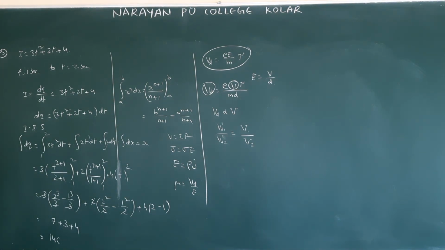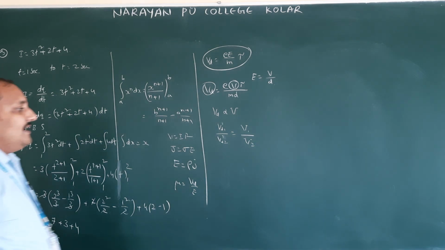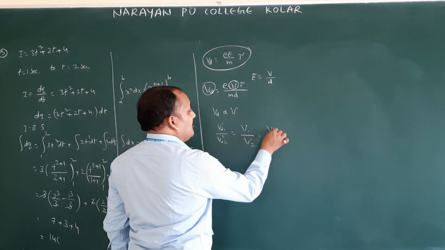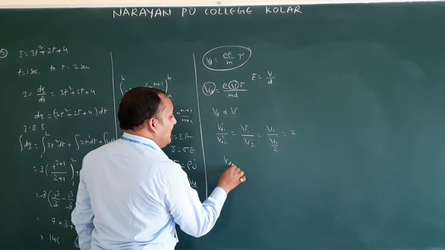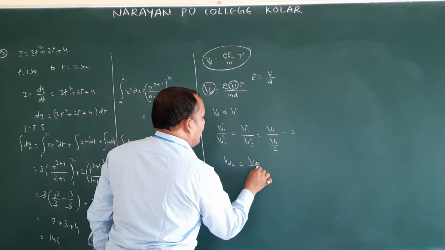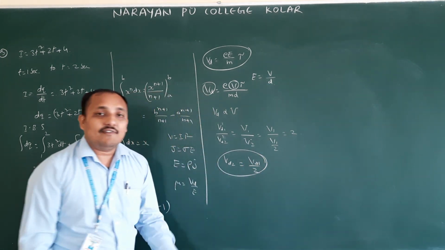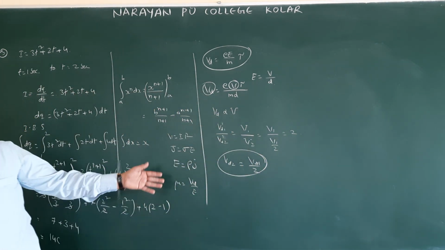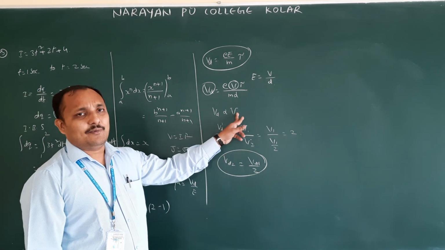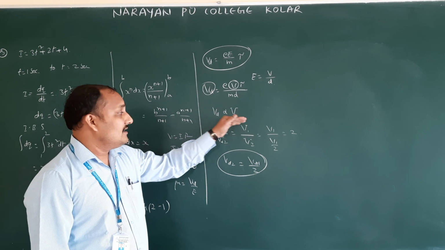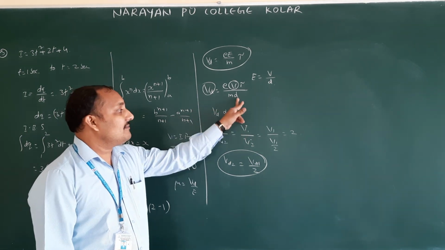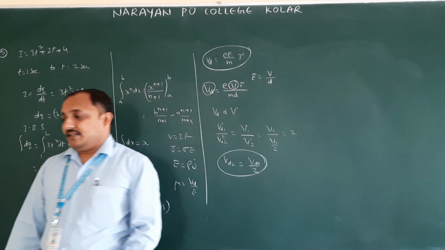Potential difference is reduced to half means you can substitute V1 by V2, that is nothing but 2. So Vd2 is equal to Vd1 by 2. So drift velocity is also going to become half. So this is directly proportional. Therefore, if it is reduced it will also reduce. If it is increased this will also increase.